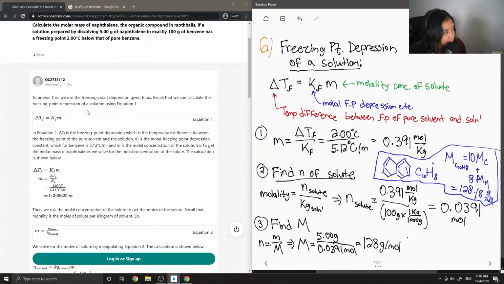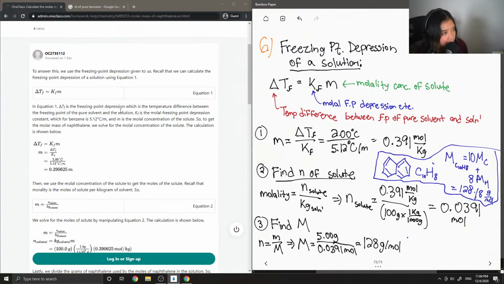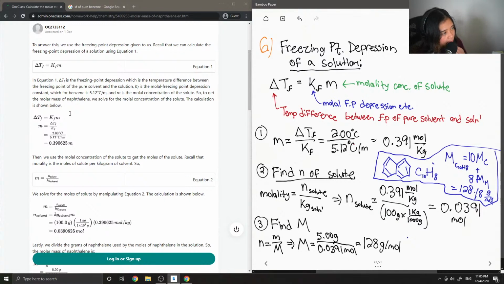To answer this, we use the freezing point depression given to us. Recall that we can calculate the freezing point depression of a solution using equation 1. Delta TF is the freezing point depression, which is the total temperature difference between the freezing point of the pure solvent and the solution. KF is the molar freezing point depression constant.